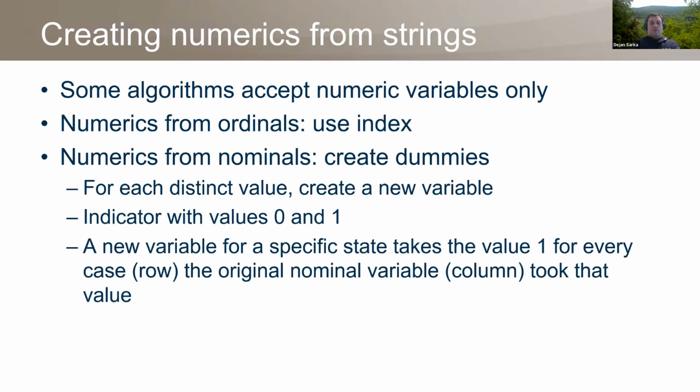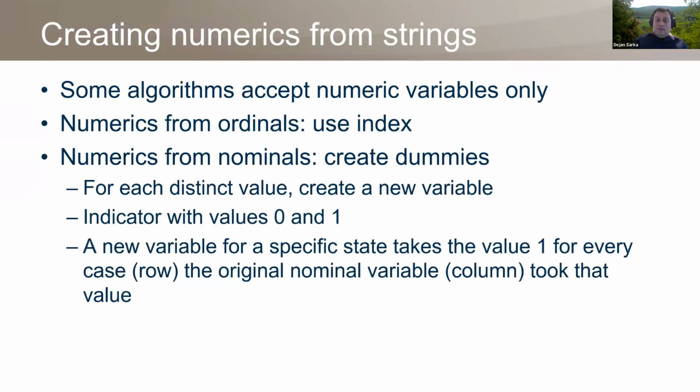For example, if we have marital status married, single, then we have 2 new variables, married and single, and the first one, married, will take value 1 when the original variable had value married, and so on. And then you can use those in numerical analysis.